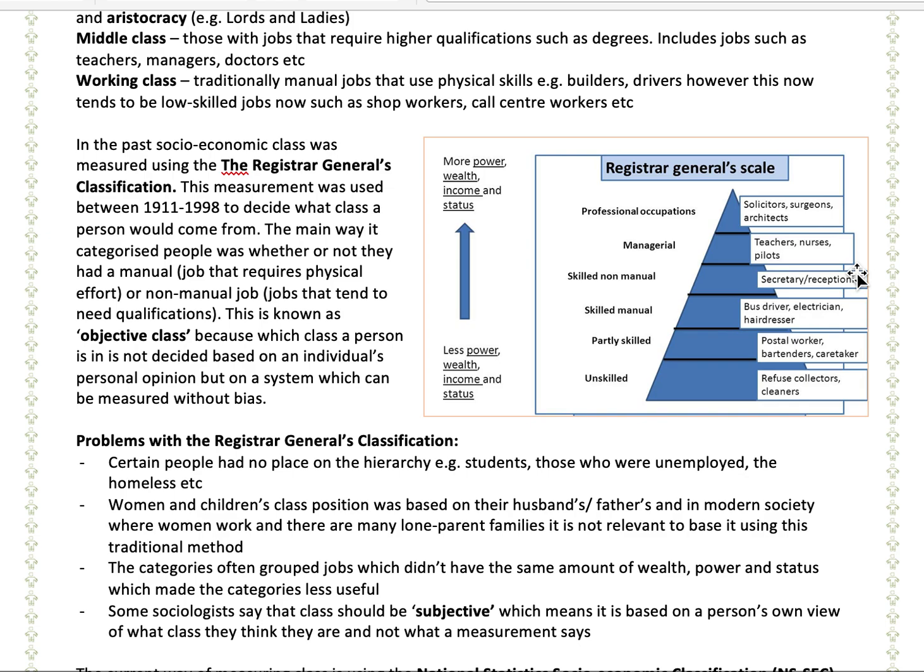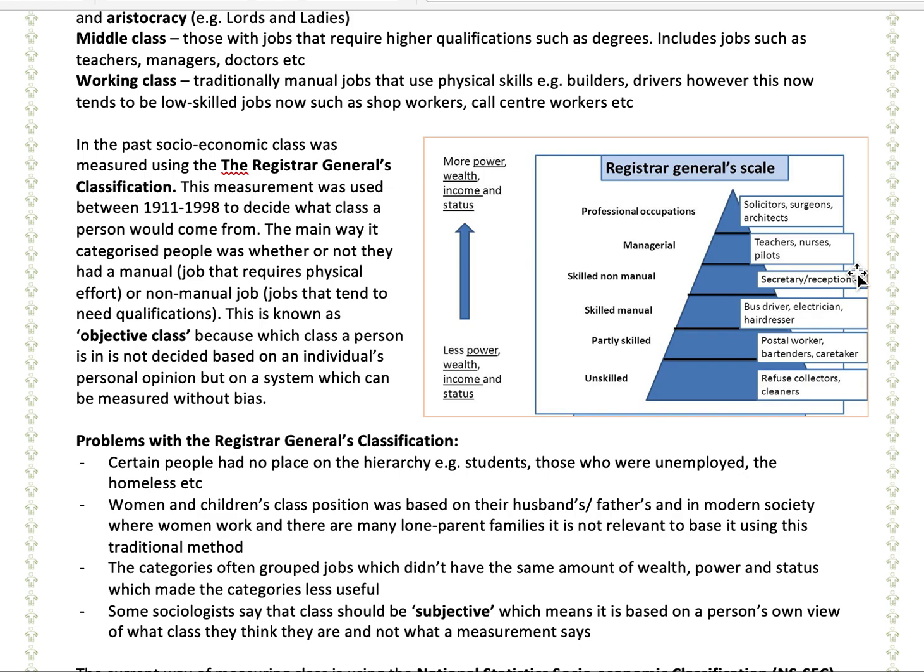category. Also, another problem with it is that women's social class was determined by their husband. So if you were in society now, when so many women work, it's a bit of an outdated system to base it on that.